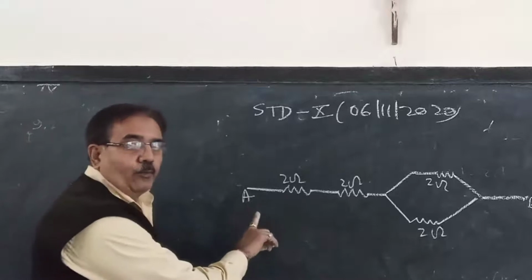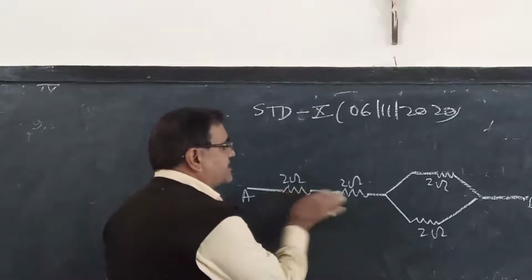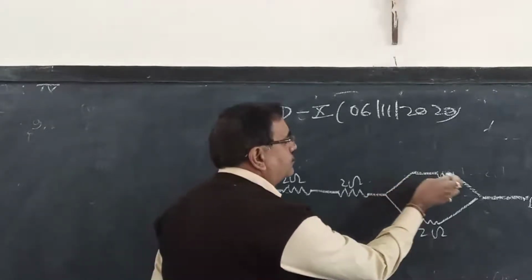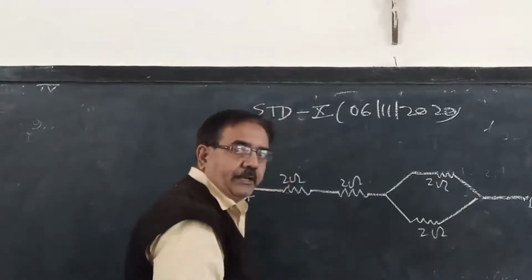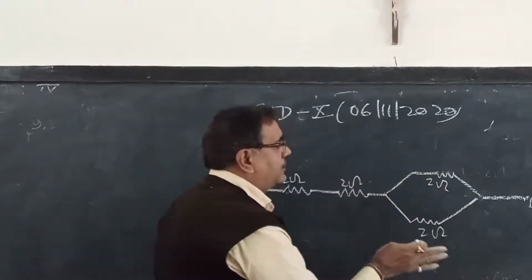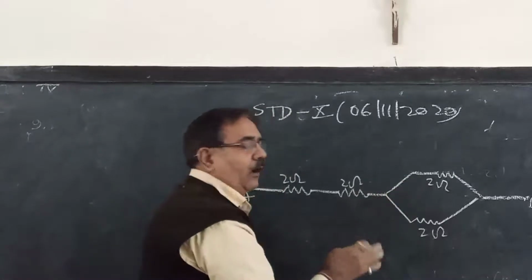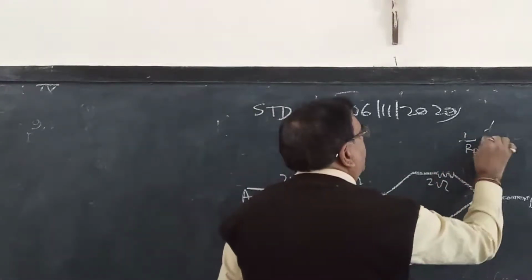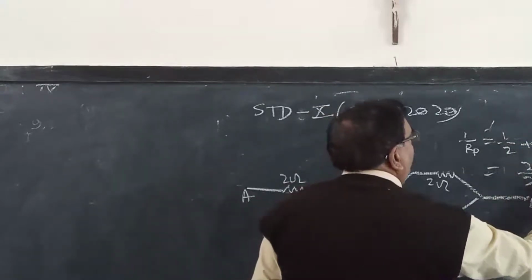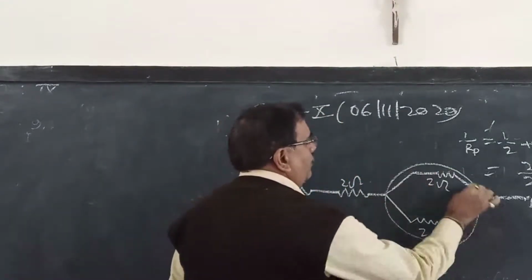Keeping in mind one point as positive and another point as negative, see here, this is the same path. These two are in series. But when the current comes over here, this is one path, this is another path. So first we will find the equivalent of these two, since they have different paths. 1 by Rp is equal to 1 by 2 plus 1 by 2, that is 2 by 2, which is 1 ohm.